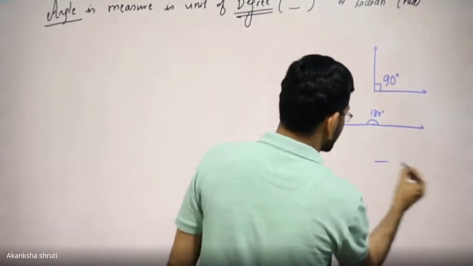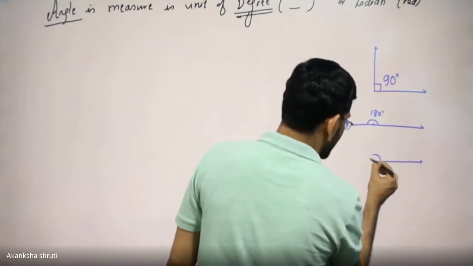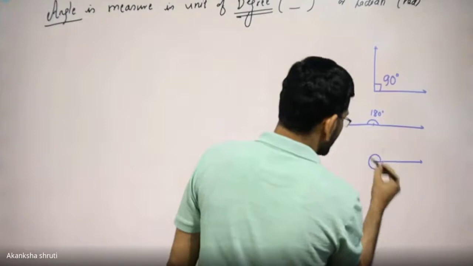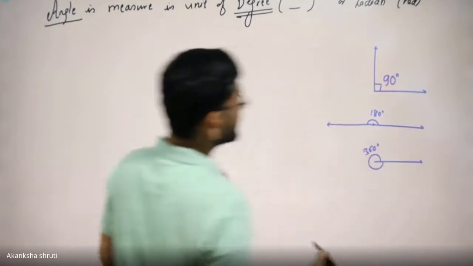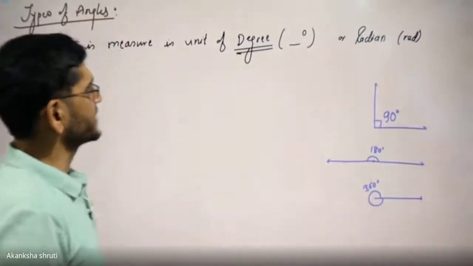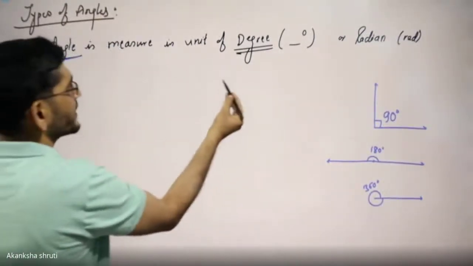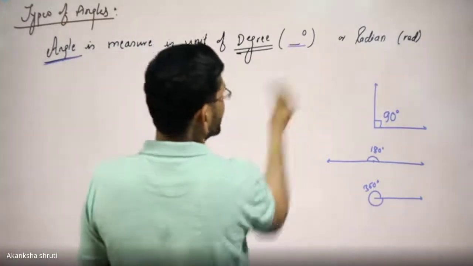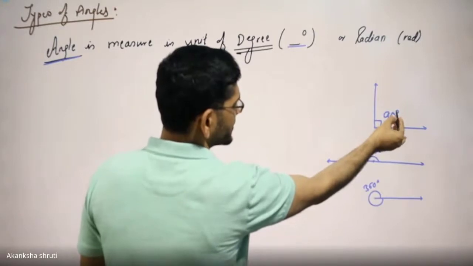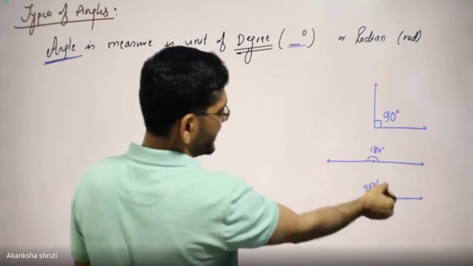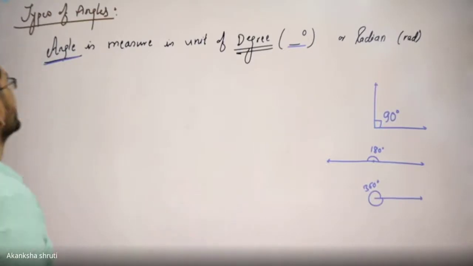If we consider this point and one complete round at this point, this complete round is called 360 degrees. So keep in mind this thing. Angles are measured or expressed in degrees. The small 0 superscript indicates the measurement of the angle in degrees.